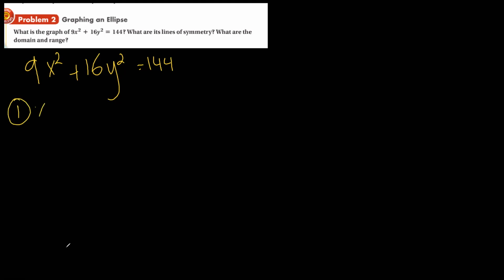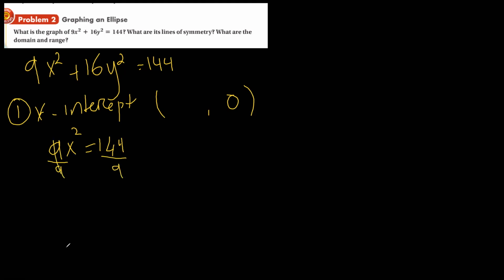Let's find the x-intercept first. That means the value of y is 0. So 9x squared equals 144, divided by 9 on both sides. So x squared will be 144 over 9, which is 16. That means x could be positive or negative 4. So the x-intercepts here are positive and negative 4.